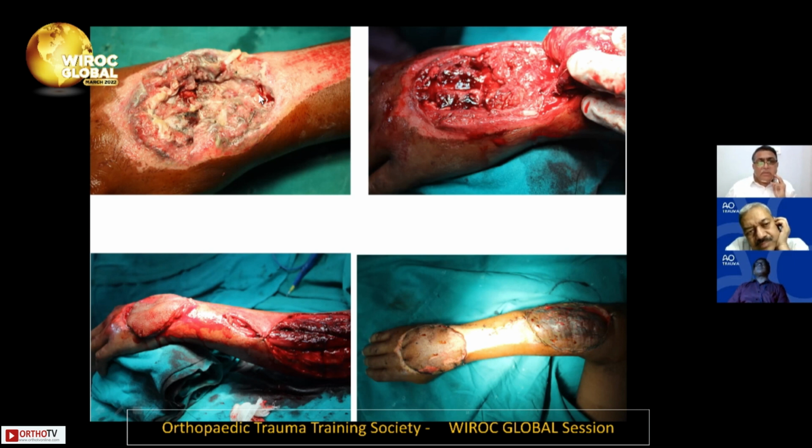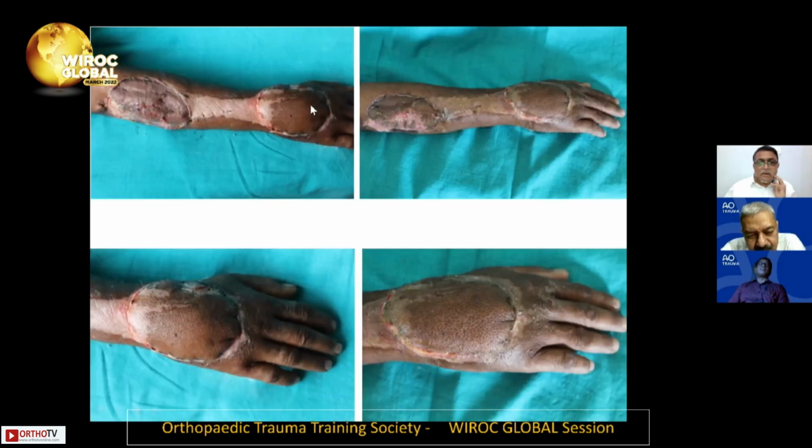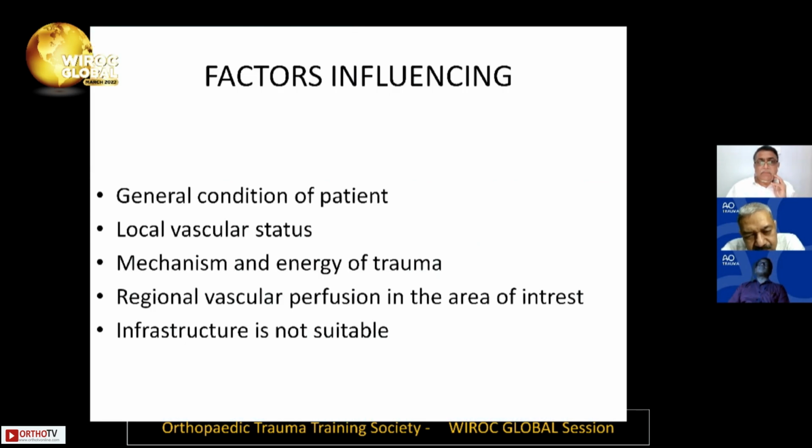We did a thorough debridement over the area, and the wound was converted from this condition to the condition on the right side, much better after debridement and washing with a copious amount of saline. We did a primary coverage using the posterior interosseous artery forearm flap. There was good healing over the recipient area, and there was no significant defect over the donor area.